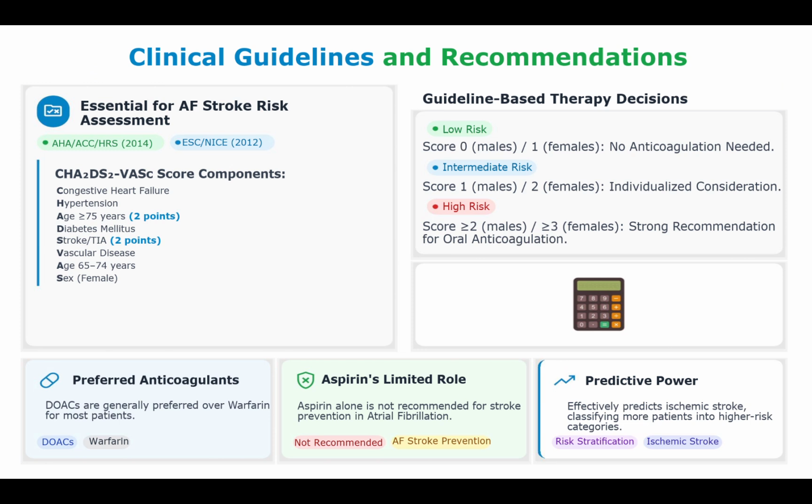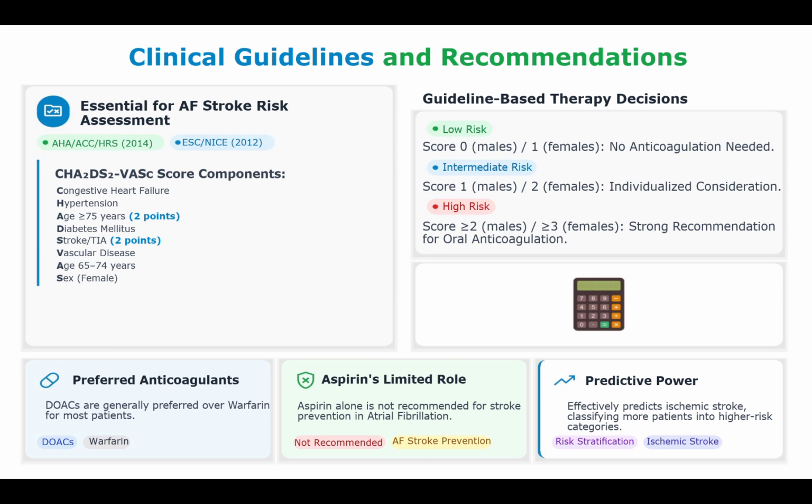For what we define as low risk patients, typically males with a score of 0 or females with a score of 1, where that single point is attributed only to female sex with no other contributing factors, there is strong and consistent consensus across these guidelines for no antithrombotic therapy. This is a crucial point, preventing unnecessary medication.